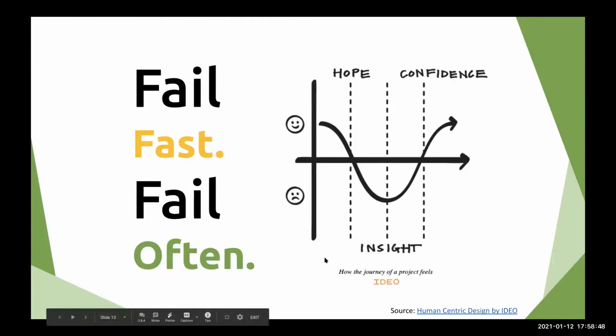If you look at this graph, when people start off their entrepreneurial adventures, they start off extremely confident and very excited. Then as time passes, they experience a dip and start to feel very unmotivated, like they don't want to work on this.